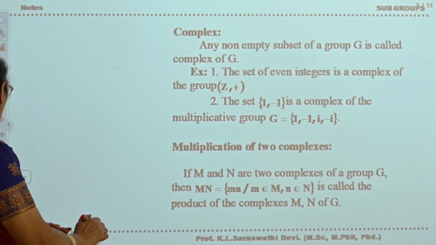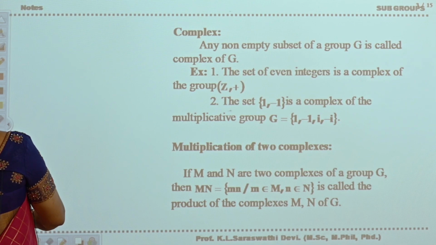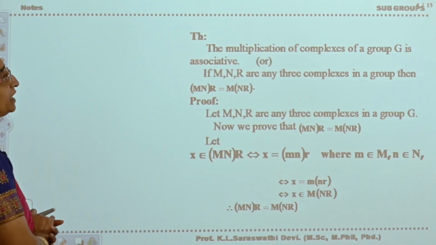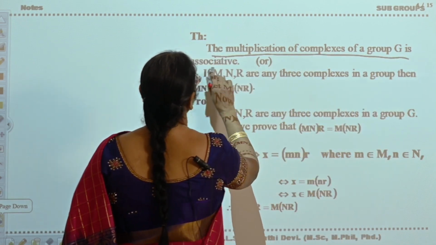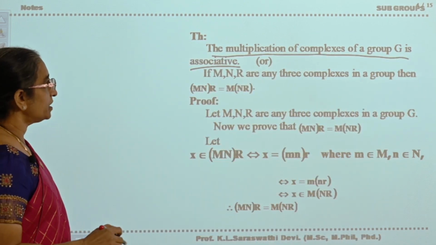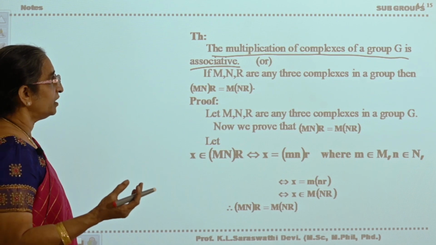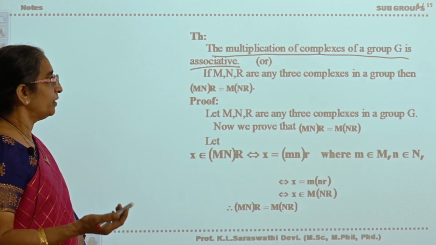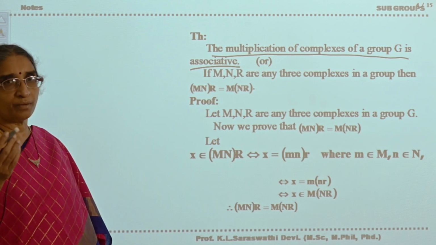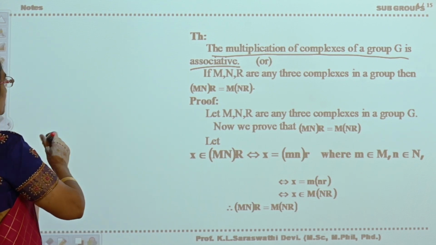Next, the multiplication of complexes of a group G is associative. That is, if M, N, R are three complexes in a group, then (MN)R is equal to M(NR).